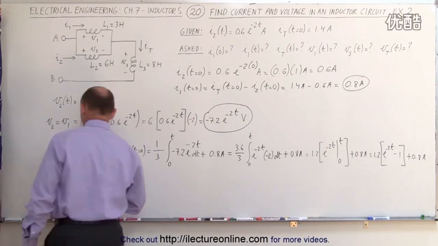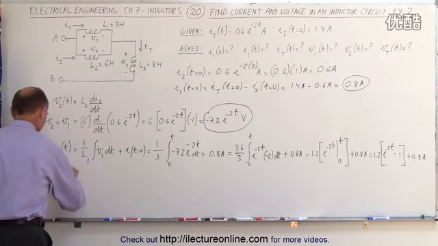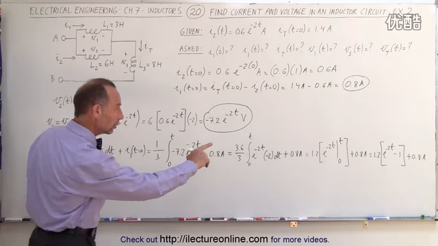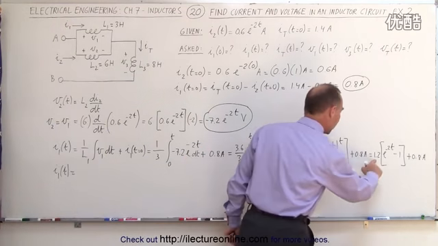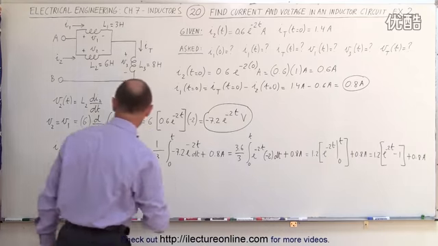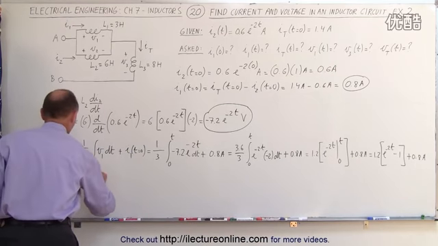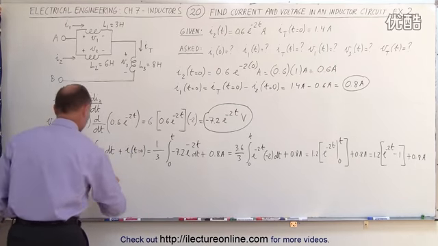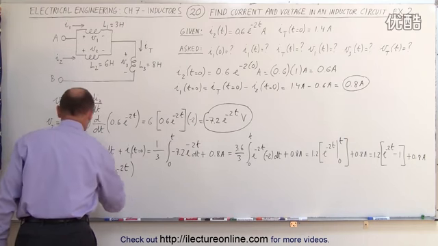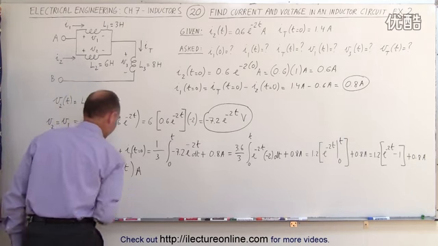So writing the result, we get I sub 1 as a function of time is equal to, we have 1.2 times the negative 1, that's negative 1.2 plus 0.8, that gives me a negative 0.4 plus 1.2 e to the minus 2t, and that's of course in amps.